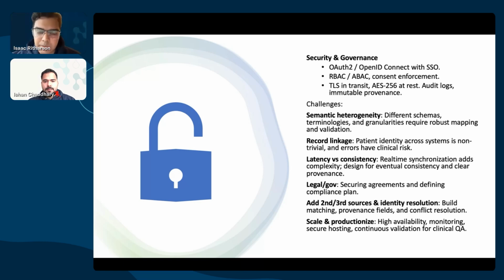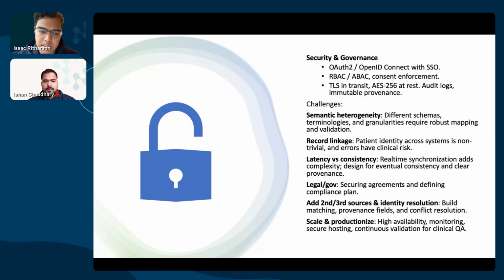Some challenges that we would face are semantic heterogeneity, meaning different schemas and terminologies are used in different electronic health records. We should make sure that the information is normalized to a certain standard, and record linkage is also mostly non-trivial. There is also the issue of latency versus consistency.